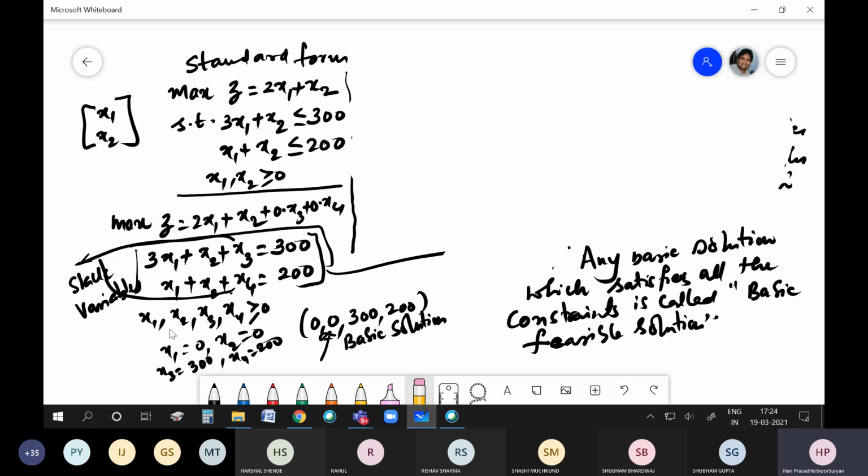Suppose I make x3 and x4 equal to 0. What will x1 and x2 be?